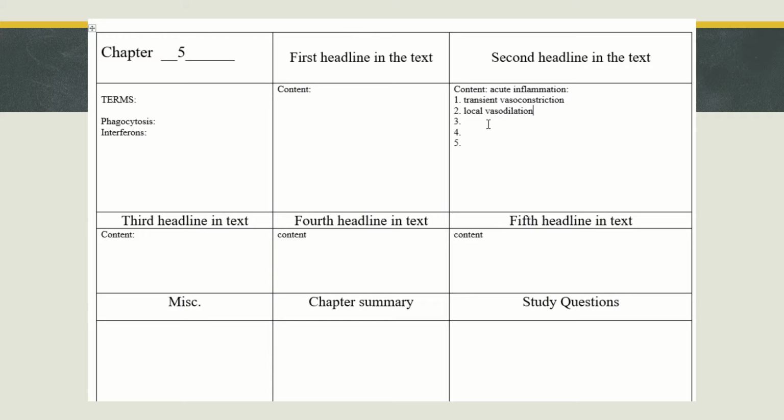Vessels enlarged. Because of these vessels that have enlarged, we have hyperemia. The area is red. The blood is going to that area, so it's going to be red and warm to touch, right? Because of that increased blood flow. And as a direct result of that, there is increased capillary membrane permeability.